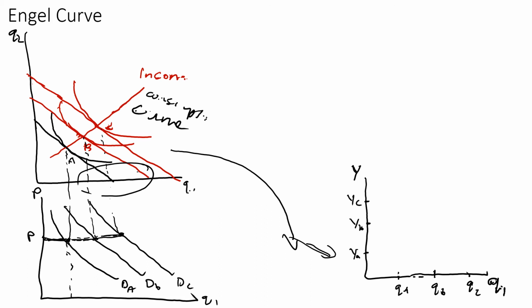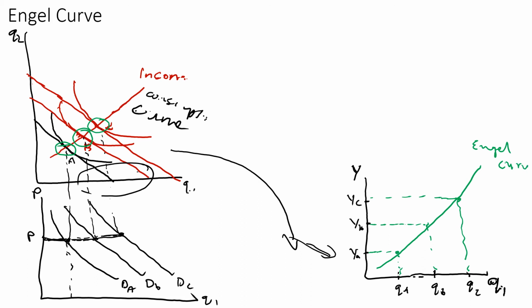Let me change the color of the pen so that you can separate it out. When income was low, consumption was low. When income was increasing, consumption was increasing. So combining all these points, when we combine all these points, we will get a curve, and we call this curve the Engel curve.